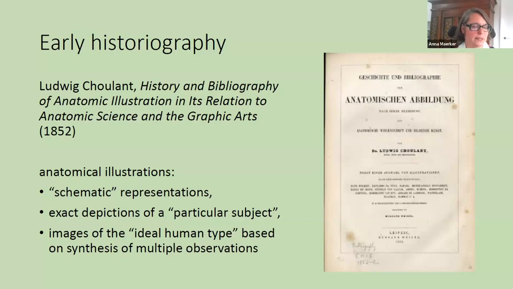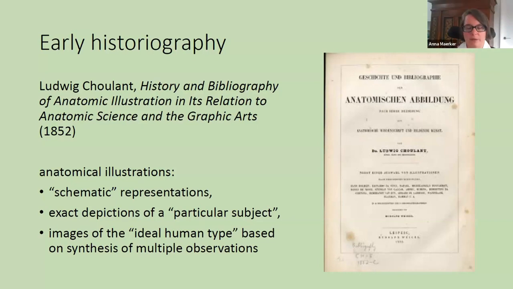Choulant also proposed a chronology which divided the development of anatomical images into six distinct periods, distinguished by a number of different criteria, including, for instance, images' artistic and aesthetic characteristics, methods, their purposes, but also the relationship between artists and anatomists and the way it changed over time.